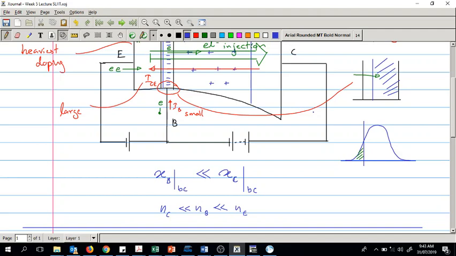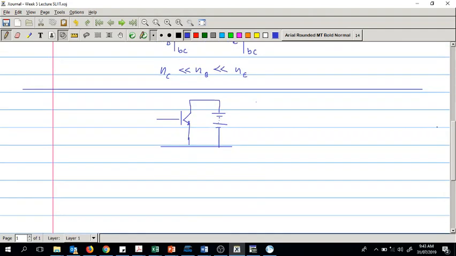These are moderately doped, so they will have the avalanche breakdown. Until the avalanche breakdown happens in the base collector PN junction, there won't be anything happening, right? So we can assume that it is like an off switch. There won't be any current going through this, only the leakage current will go through.